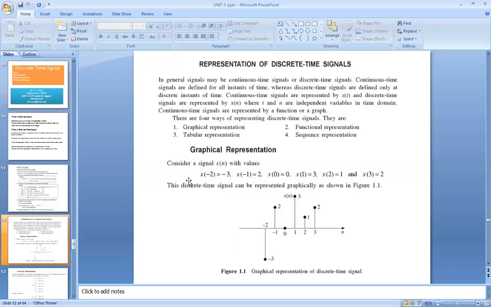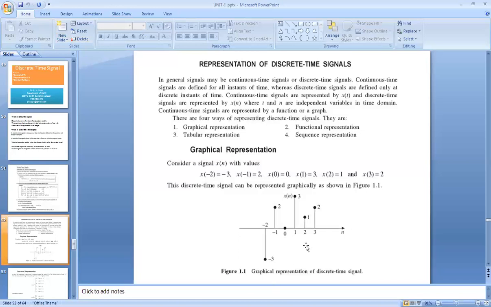X of 2 is 1, means at point 2 its value is 1. At point 3, x of 3 is equal to 2. Similarly, x of minus 1 means at minus 1 its value is 2, and at minus 2, its value is minus 3, that is x of minus 2 is minus 3. Now you can understand the graphical representation in this way.